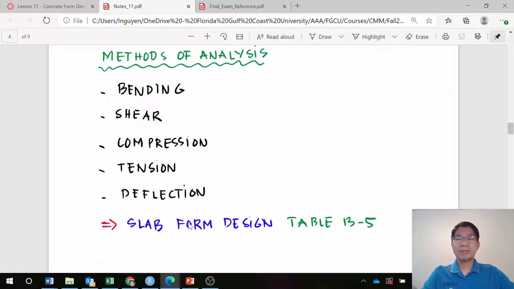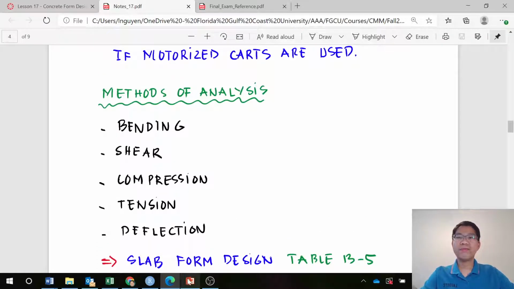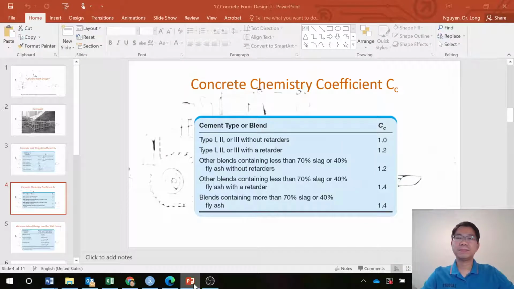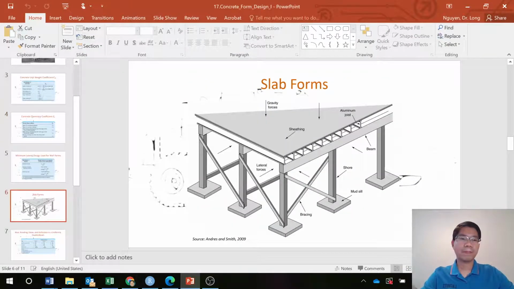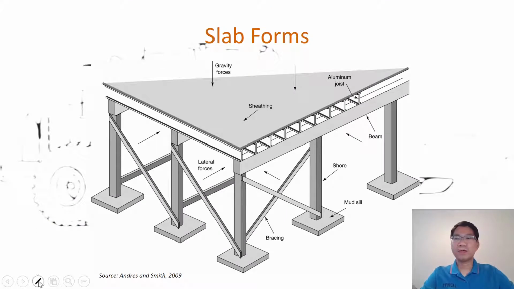And like I say, we focus on the slab form design, and that is the objective for today's lesson. Let me show a few forms and then go back to the final exam reference before we go to problem 3, the last problem in today's lesson. So you have the typical form here, and this is for slab and beam, as you can see.